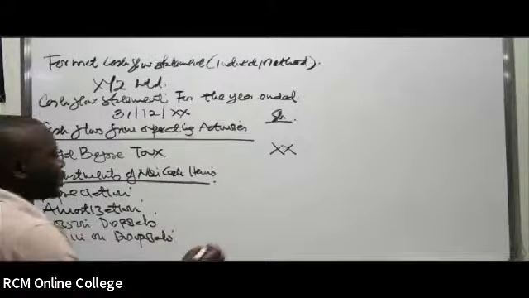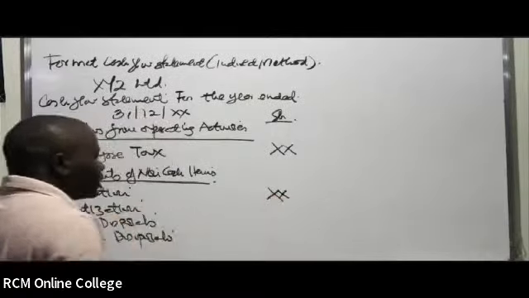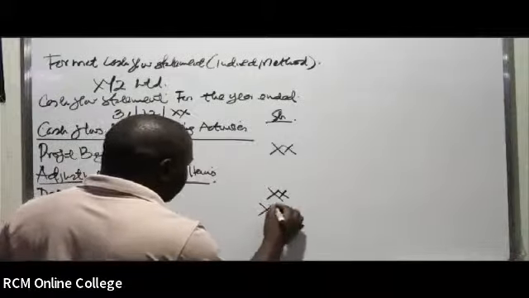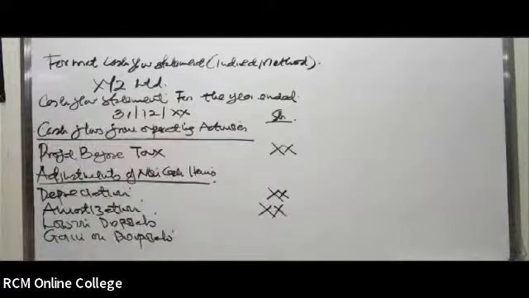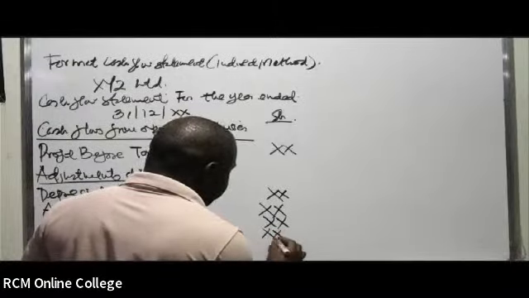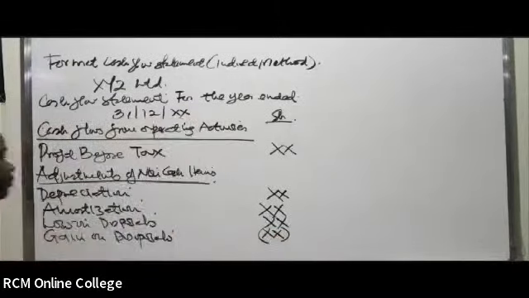For depreciation, you'll add, since it doesn't represent a real outflow of cash. Amortization you'll also add. Loss on disposal you'll also add. Gain on disposal you deduct, because it doesn't represent a real inflow of cash. It's just a gain you've calculated there.